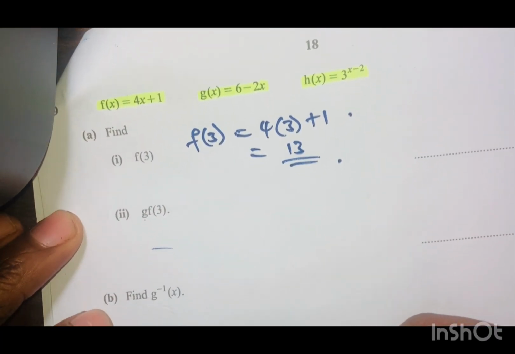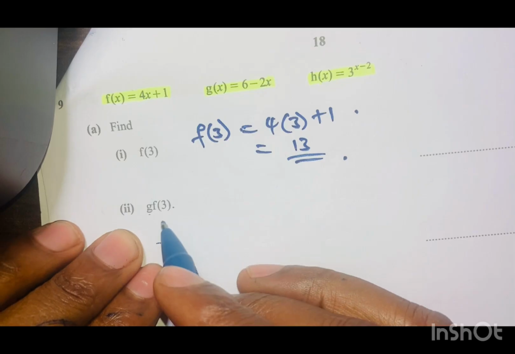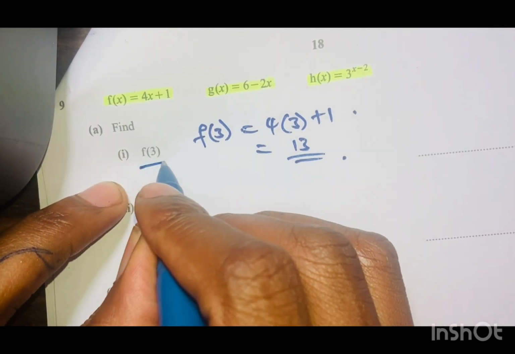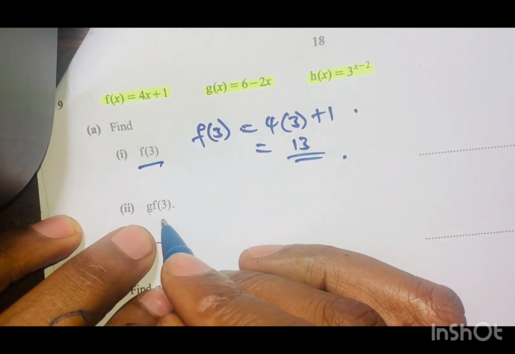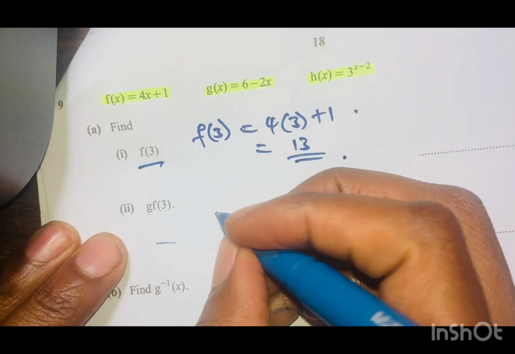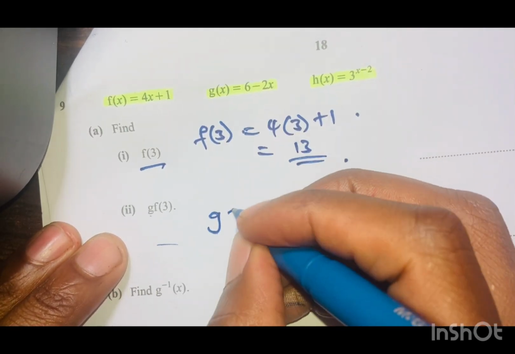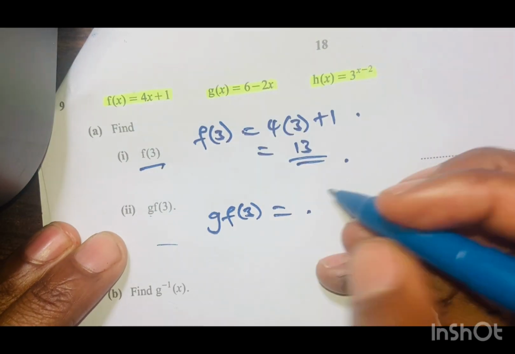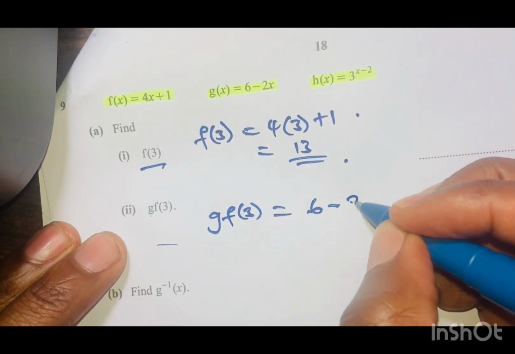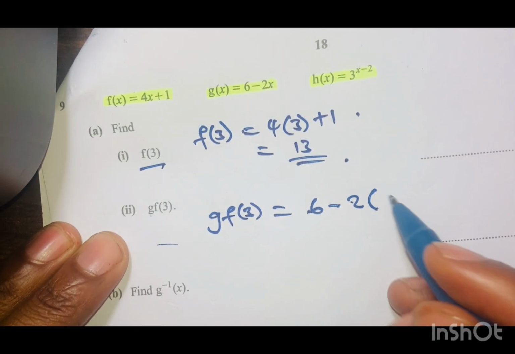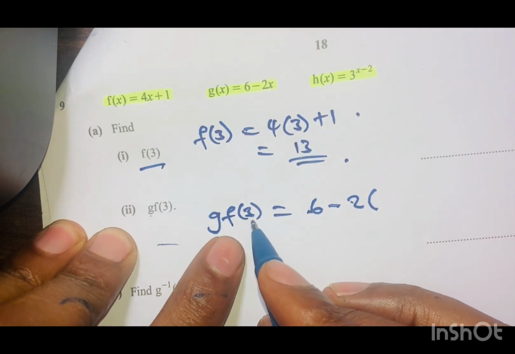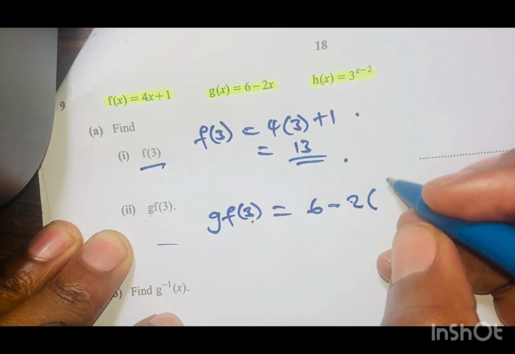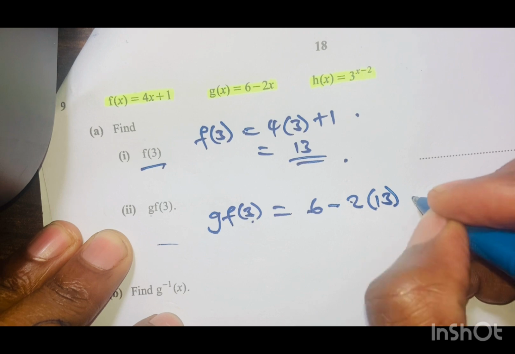Then g f of 3. So it's the substitution of f of 3, the value 13, into g. So g of f of 3 will be equivalent to 6 minus 2, where x is, I'm going to put the value of f of 3, which is equivalent to 13 here.